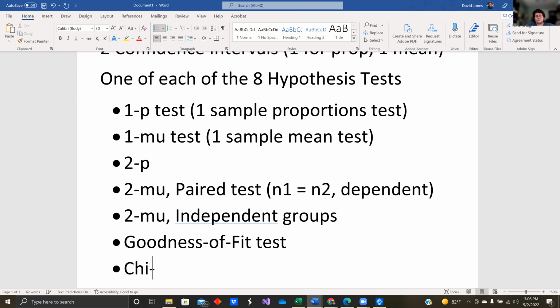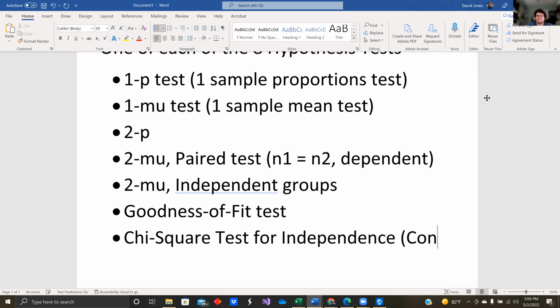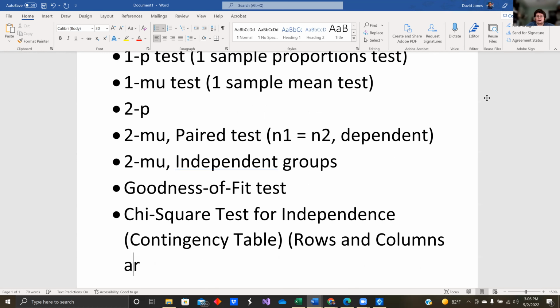We did our chi-square test for independence, and this was the contingency table one, where H0 was that rows and columns are independent.